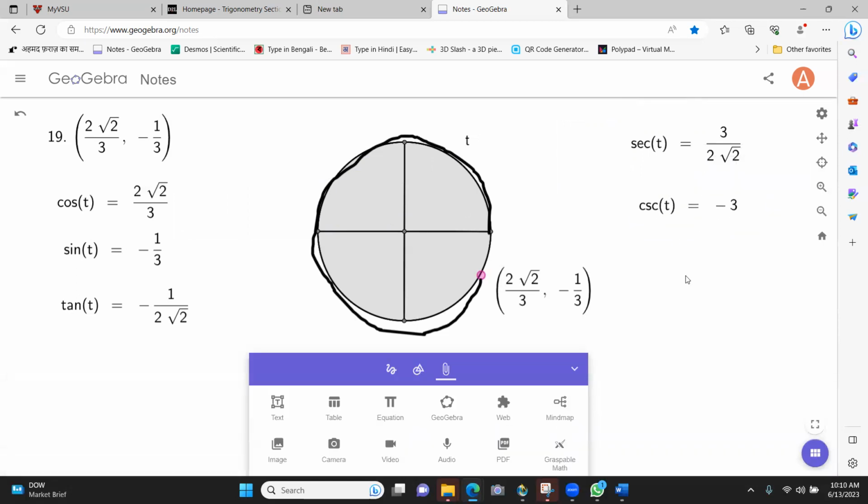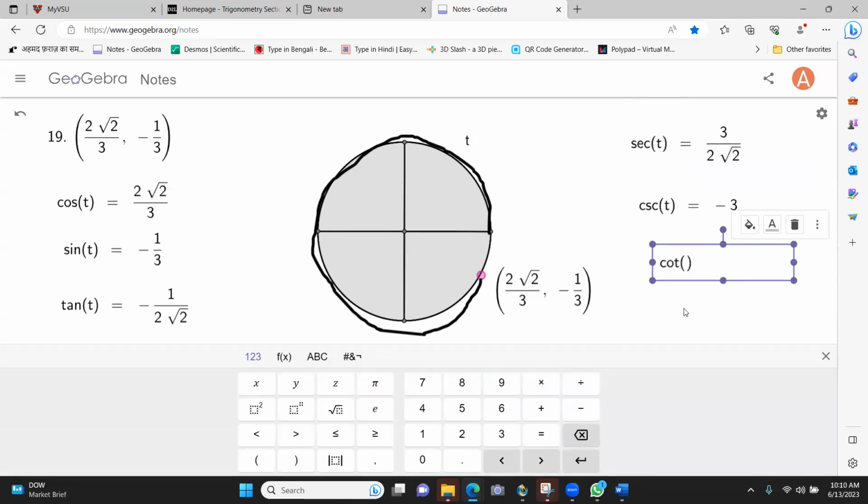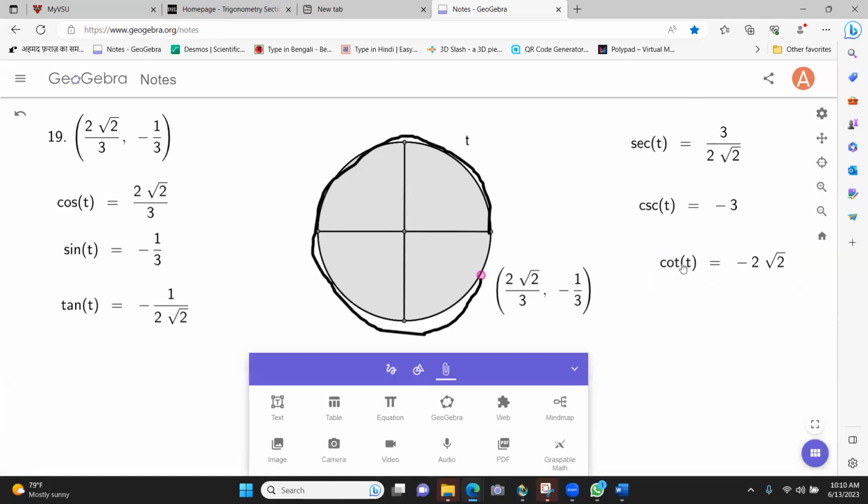Cosecant is this. And cotangent, we don't write cotangent, we write cot. Sorry. Cot is the reciprocal of tangent, where the denominator becomes the numerator, which is this. And don't forget the minus sign. Done. Again, if you understand the definition, it's not a difficult problem at all.